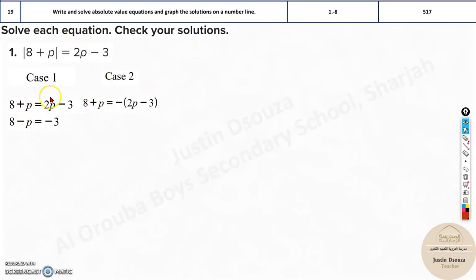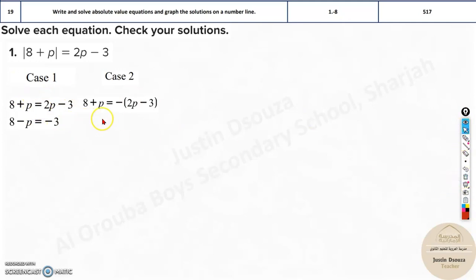So now we can solve this. 8 over here, my 2p is there. Take this to the other side, becomes minus 2p. Then 2p minus 2p cancels, and you're remaining with minus p only.